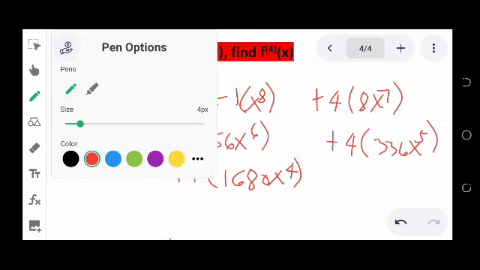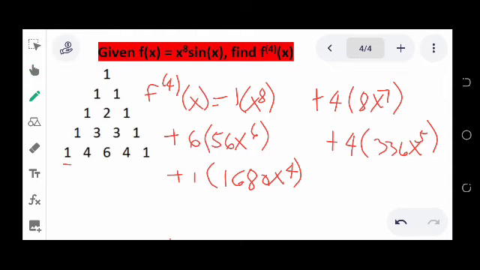Now, we do the other side for sine x. So we have sine x here. Next, derivative of sine x is cosine x. So we multiply this part here by cosine x. Derivative of cosine x is negative sine x.